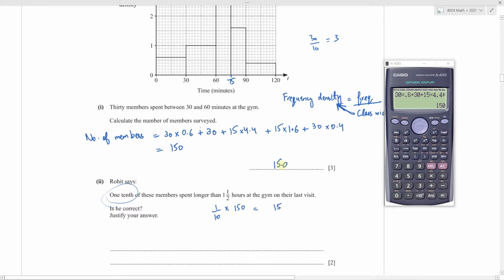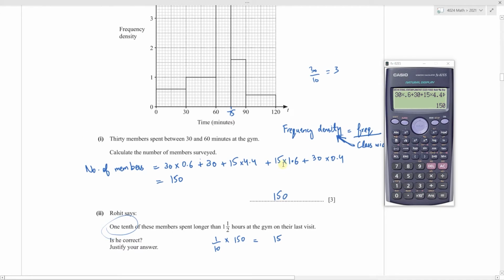And from the histogram, those who spent more than 1.5 hours: 1.5 hours is 90 minutes. So more than 1.5 hours means they are in this interval here, 90 to 120.